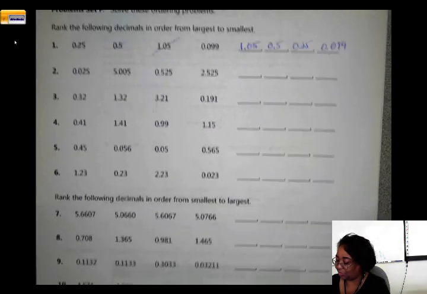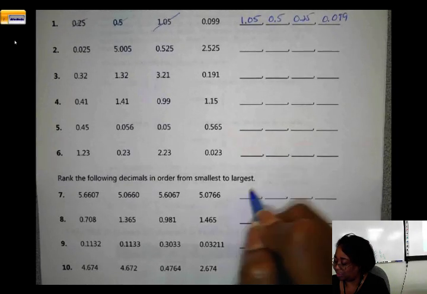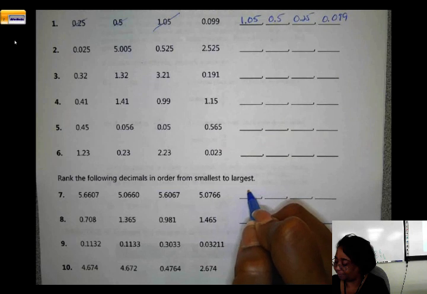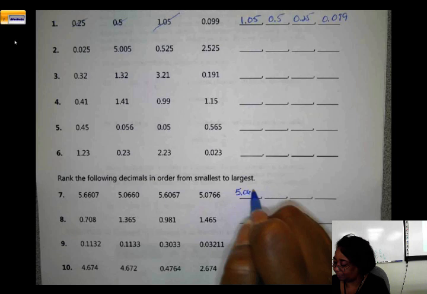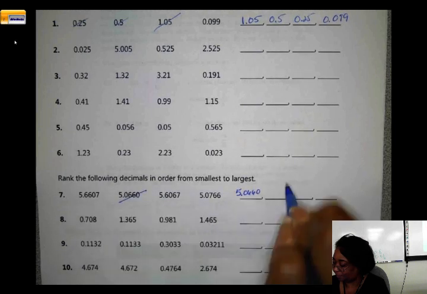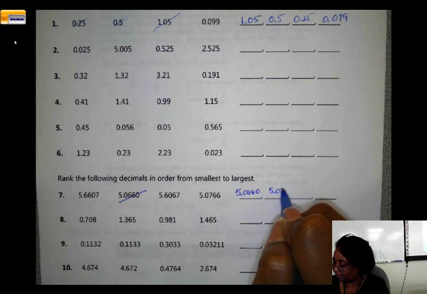But then for 7 through 12, you're going to go from smallest to largest. Which one is the smallest of number 7? Yep. About 5 cents.